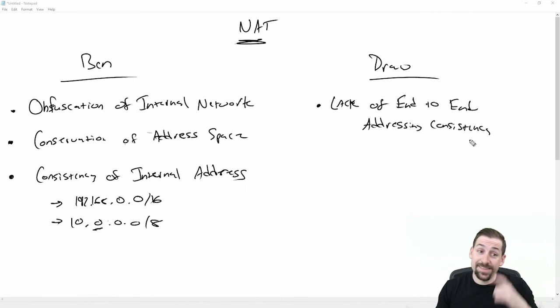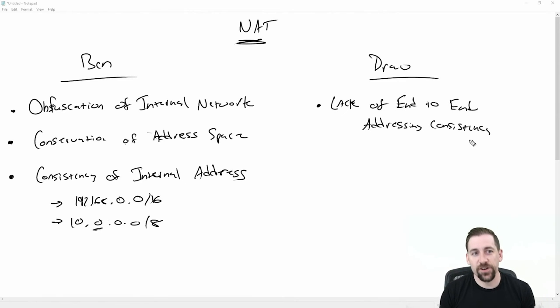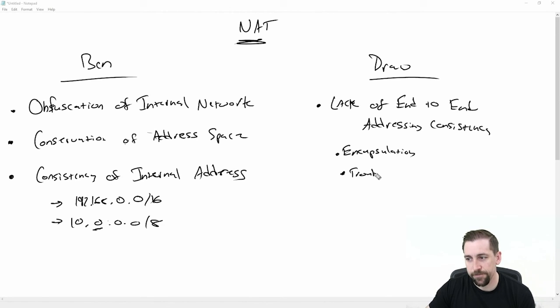When you start translating addresses in the middle of that route, it breaks down the end-to-end IP addressing consistency, so it breaks down specific functionalities. It makes it more difficult to facilitate effective VPN encapsulation. It makes it more difficult to troubleshoot.